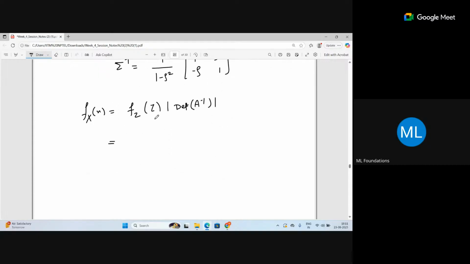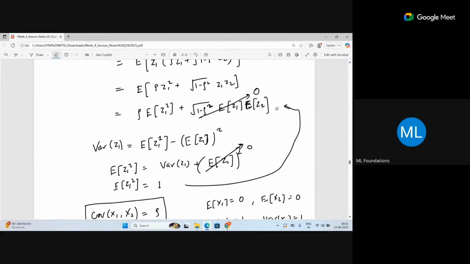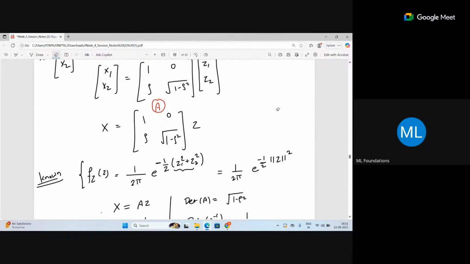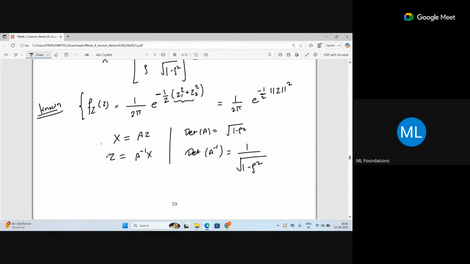Now, this fZ of z is what? We have seen that initially, right? Maybe I'll show you that part also. This is what we said initially, right? X was equal to Az, and then what about z? Z equals A inverse x, right? Is that okay? X equals Az, and now z is equal to A inverse x.